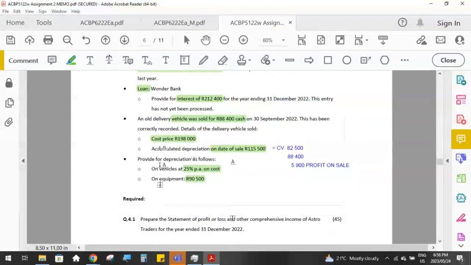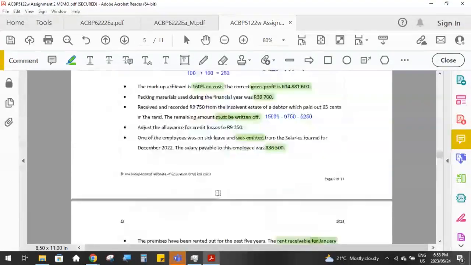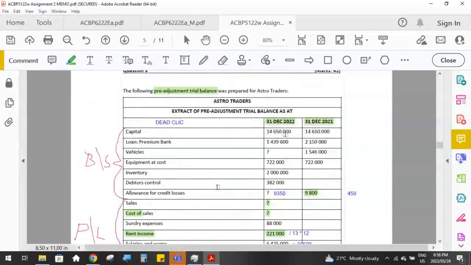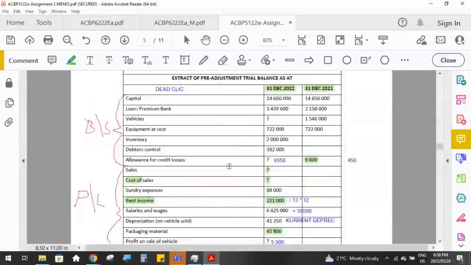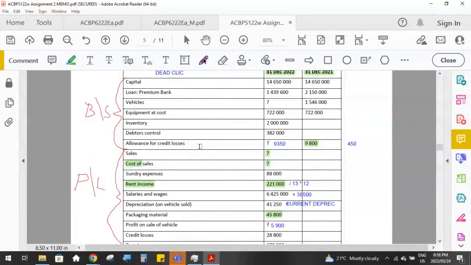Okay. The question said, prepare the statement of profit or loss and other comprehensive income for December 2022. So you would have had to go and do all these work-ins that I've gone through with you here in order to work out what your balances were. Now remember, they only want statement of profit or loss, so not these accounts.